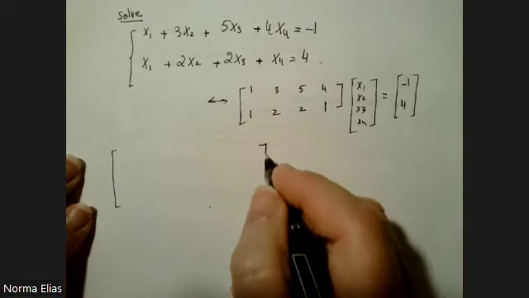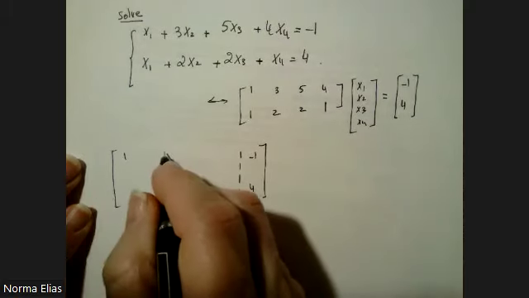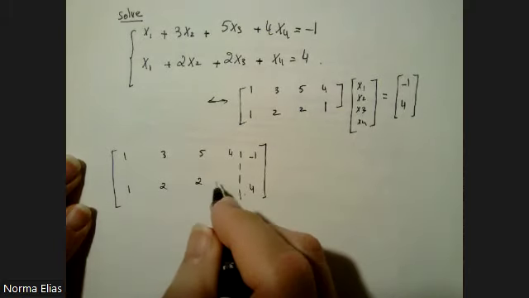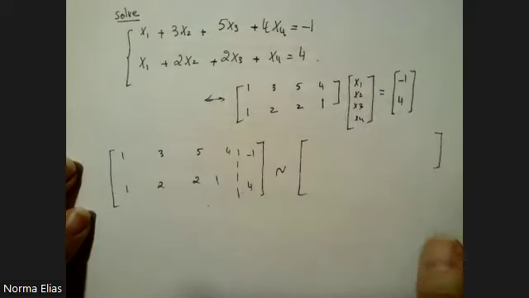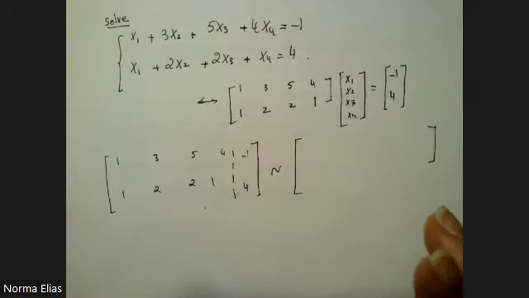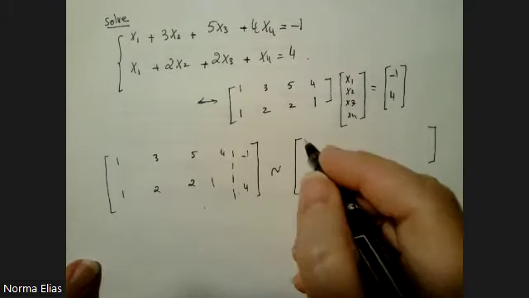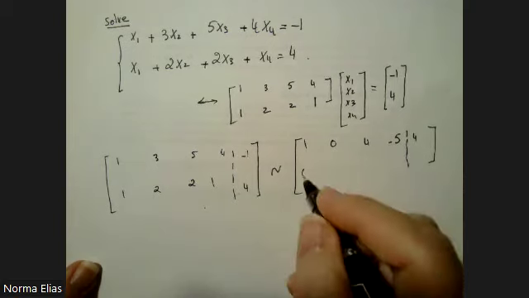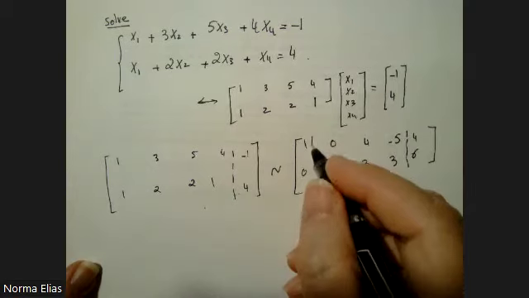And I will give you the echelon form immediately so we can solve quickly. If we row reduce, we get the following: 1, 0, -4, 5, 4 and 0, 1, 3, -3, 6.